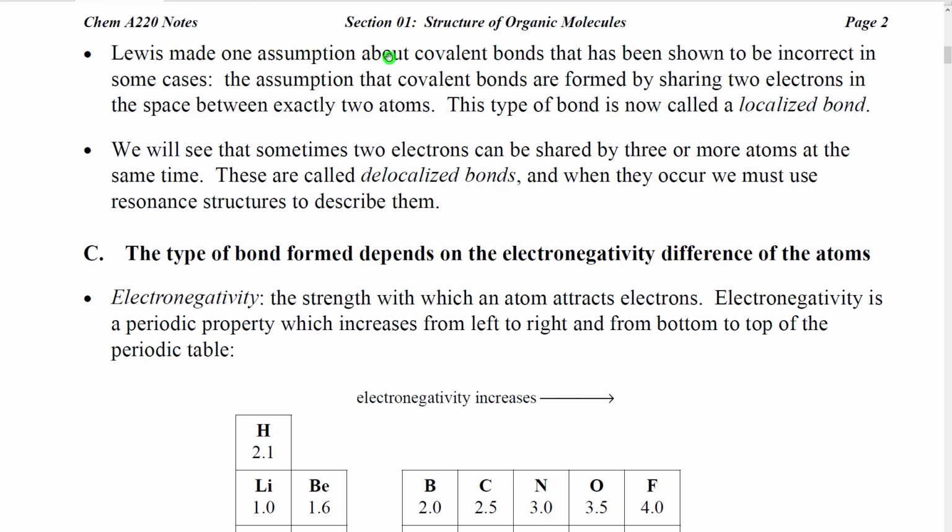So, one assumption that Lewis made about covalent bonds, which we've shown to be incorrect in some cases, is that covalent bonds are formed by sharing 2 electrons in the space between exactly 2 atoms. So 2 electrons, only 2 atoms. We call this type of bond a localized bond. But we're going to see later on that sometimes 2 electrons can be shared by 3 or more atoms all at the same time.